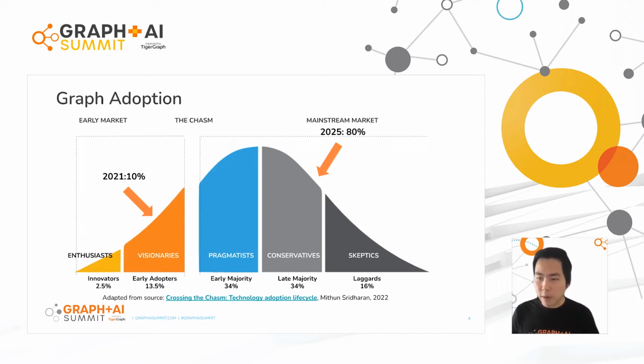The majority of the market hesitate to adopt graph technology before they have seen proven value. No-code, low-code is the key for us to cross the chasm. It makes graph technology so easy to use, so fast to adopt, and so cheap to operate. And graph visualization makes the deep insights of your data so intuitive to consume that it will win over the hearts of the majority of the market.